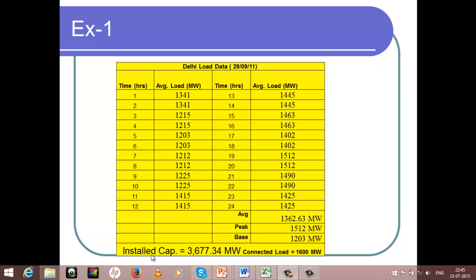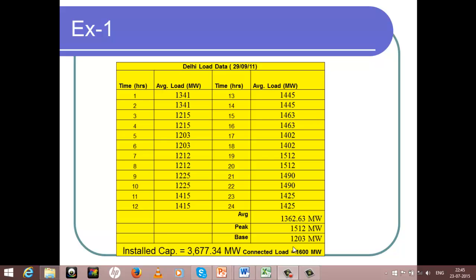Further, this is the total installed capacity available for that Delhi region, that is 3677 megawatt of power. And among that, the total amount of connected load considered is 1600 megawatt. That means we have an installed capacity of 3677 megawatt, while we have a connected load of only 1600 megawatt.